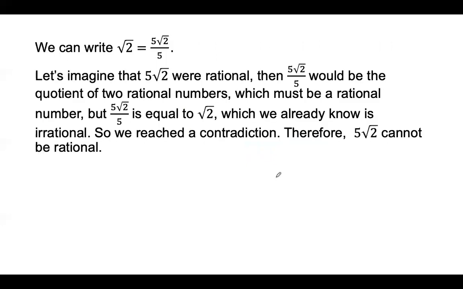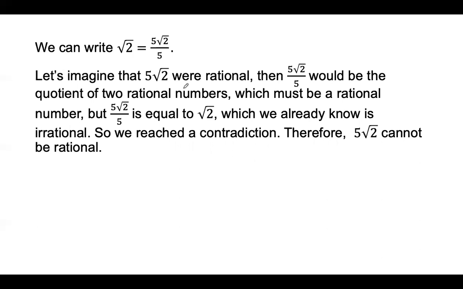So we can rewrite the square root of 2 as equal to 5 times the square root of 2, divided by 5. We'll all agree that the left-hand side is equal to the right-hand side, correct? And now we're going to imagine that 5 times the square root of 2 were rational.